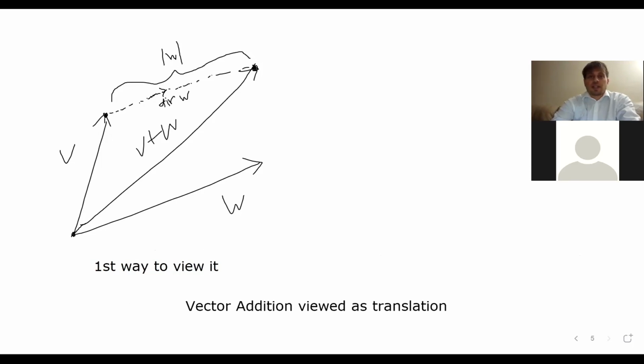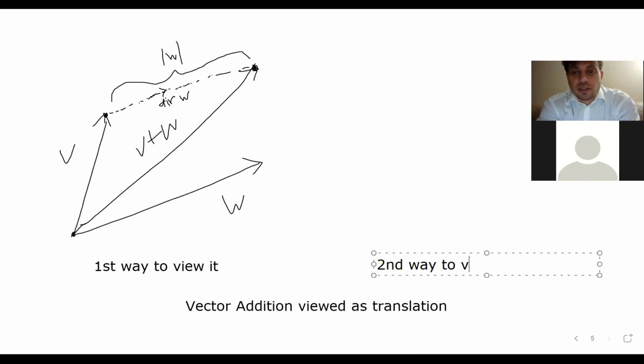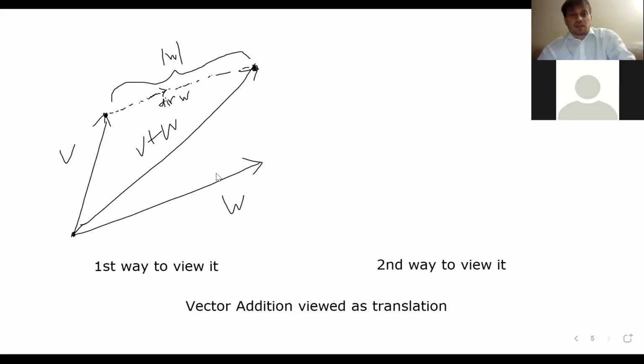There's also a second way to view it that I'm going to write down. So the second way I'm going to illustrate here. Before I put that picture in, I'm going to go back to Word and type it in here.